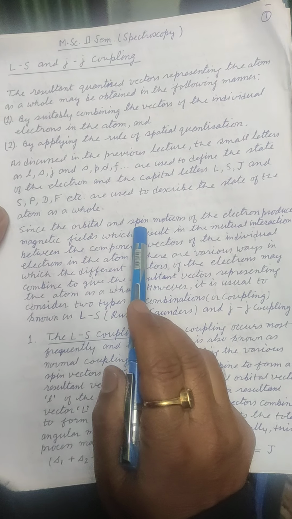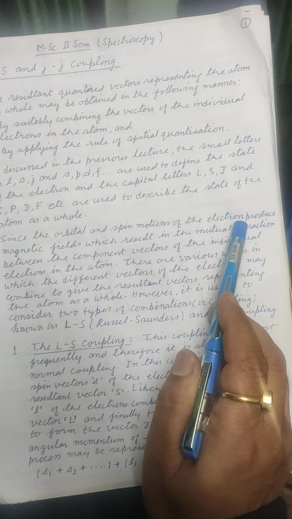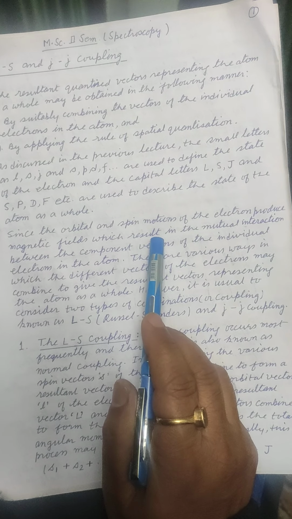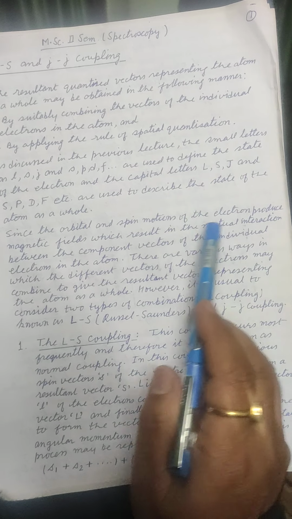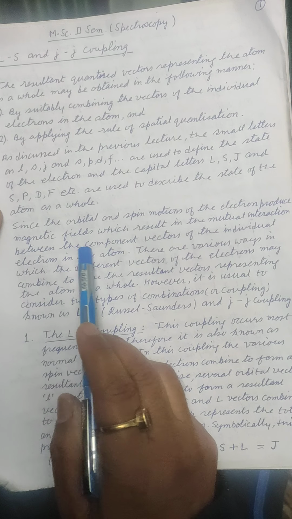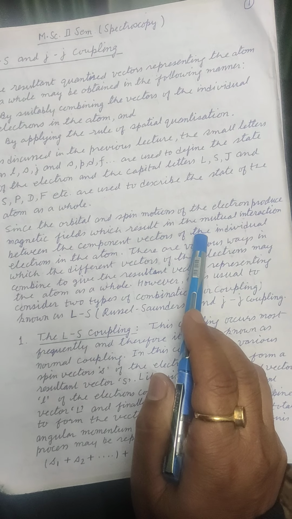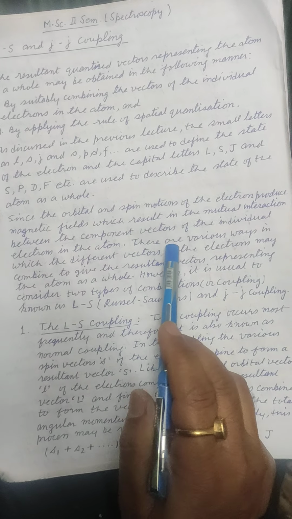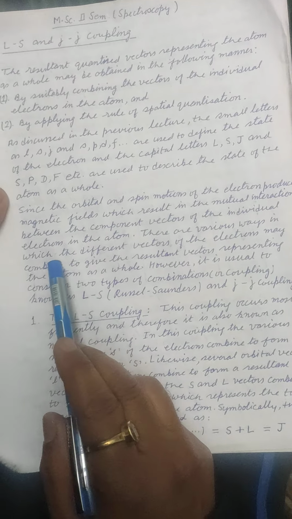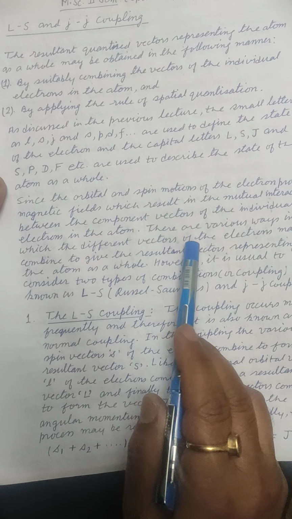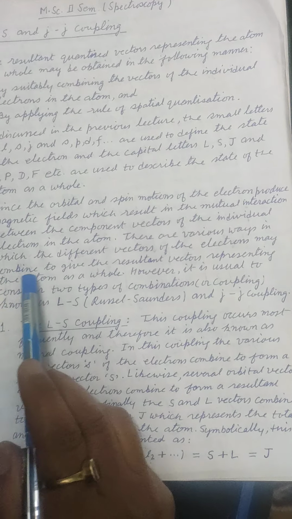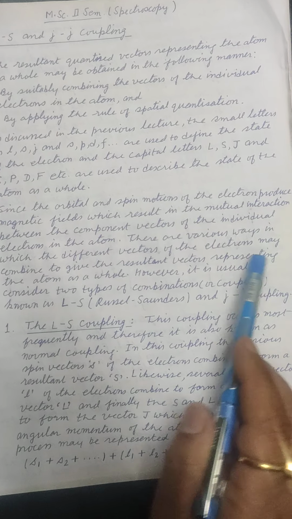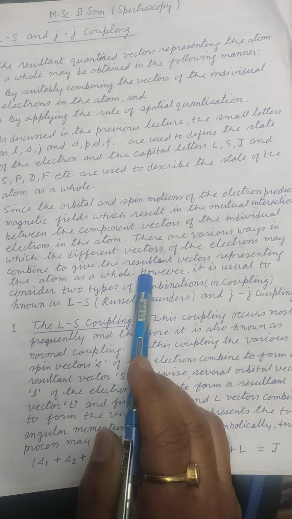Since the orbital and spin motions of the electron produce magnetic fields which result in the mutual interaction between the component vectors of the individual electrons in the atom, there are various ways in which the different vectors of the electrons may combine to give the resultant vectors representing the atom as a whole.